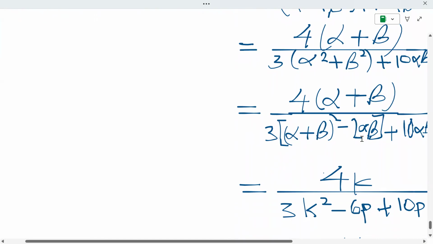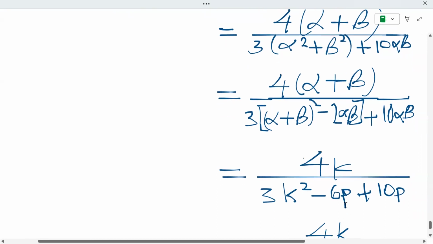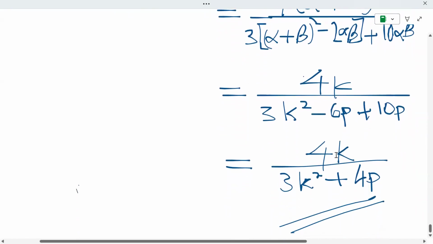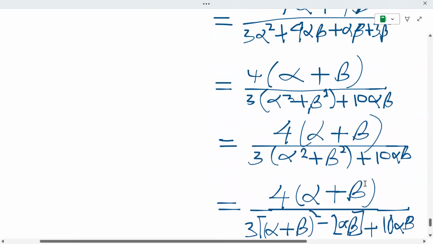Then 3 times 2 gives us 6p, plus our 10 alpha beta, so that will give us 4p. So negative 6p plus 10p gives us 4p. So finally we get to this point: 4k on 3k squared plus 4p. That is fantastic. So let us go through it.